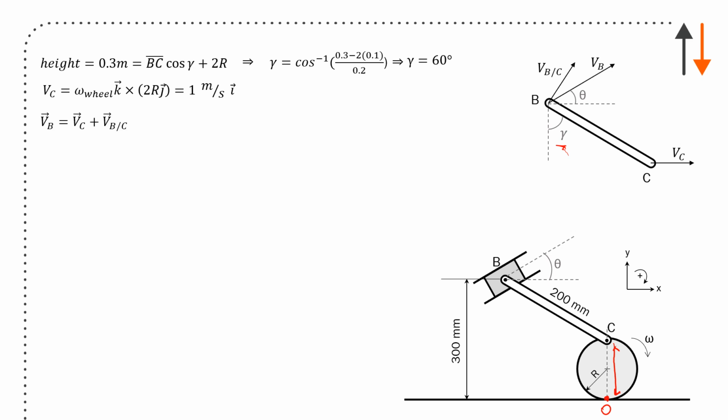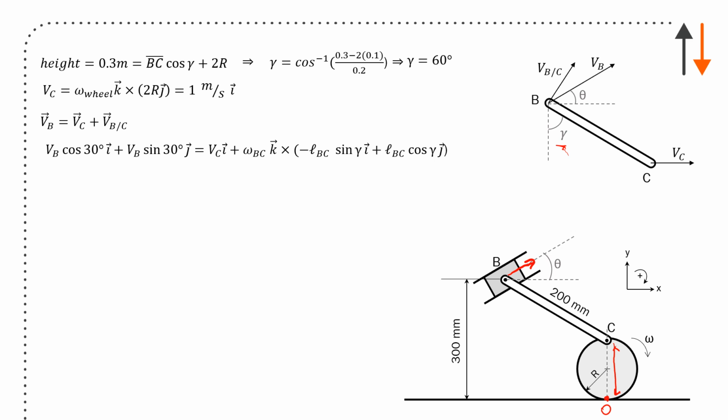To calculate the velocity of B, I would just need to know what velocity of C is plus velocity of B relative to C. Now, the one thing I do know is that the velocity of B is constrained to move along this line, and I'm pretty safe in assuming that it's going to move vertically upwards and to the right.